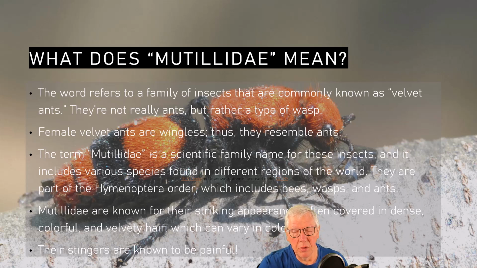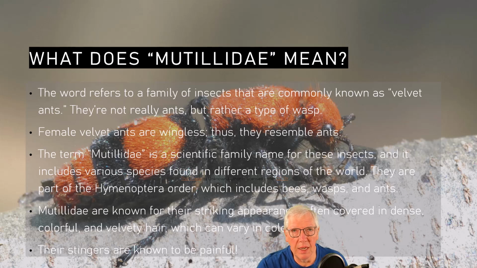It's referring to a family of insects called the velvet ant. They're not really an ant, they're actually a wasp. But the female doesn't have any wings, and so very often she is mistaken for an ant. That's why it's called the velvet ant.